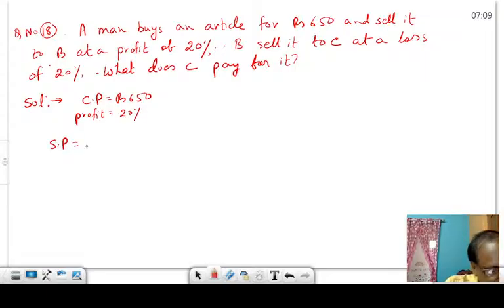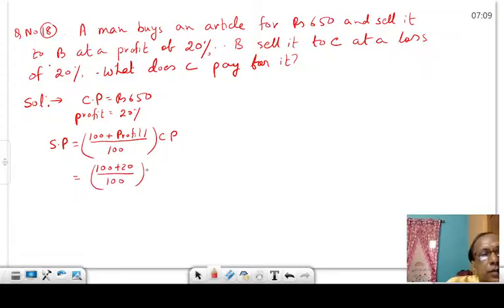The formula for selling price is (100 plus profit percent) divided by 100, into cost price. That is, 100 plus 20 by 100, and cost price is 650.